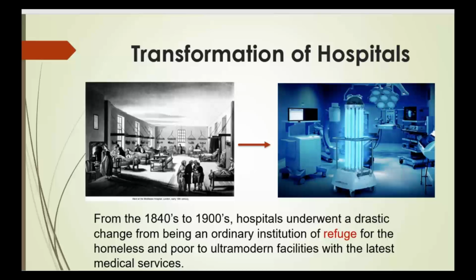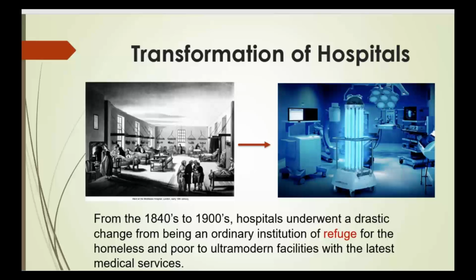So from the 1840s to the 1900s, hospitals underwent this drastic change from being, again, an ordinary institution of refuge to these ultra-modern facilities. All right, so now we're jumping to slide number 13, where we're going to be talking about the 5 major factors in the evolution of hospitals.